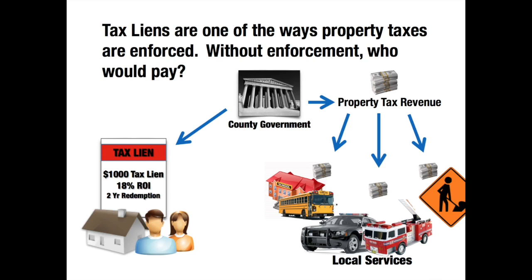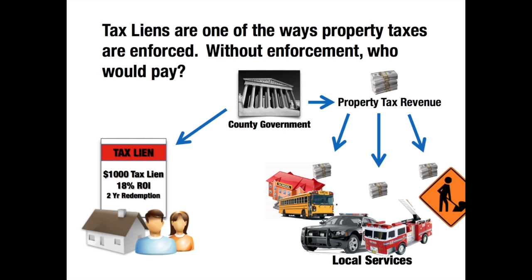When somebody's late with their property taxes, the county places a lien against their property for the amount that they are delinquent. So it could be generally the amount of the property taxes annually plus any penalties or fees that have come up. Now, the county has no interest in the property itself. They really only have interest in collecting the money that's owed to them, and that's their purpose in creating the lien.